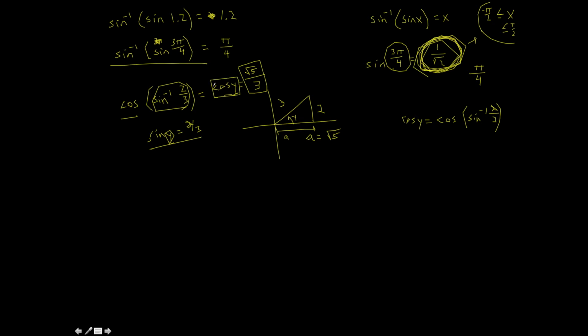And as long as you're using the inverse to set up the reference triangle, we're able to find cosine using the inverse sine reference triangle here. So we were able to find cosine as the x value over the hypotenuse, remember? So that's how we were able to find the cosine answer.